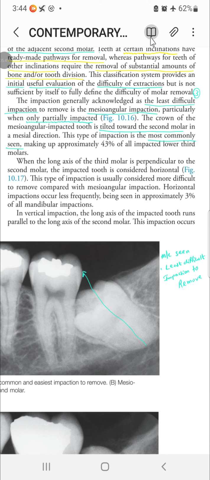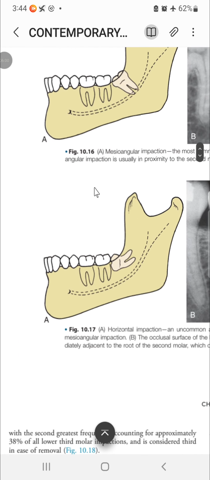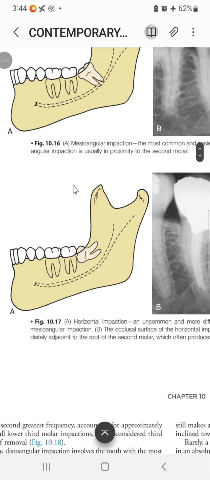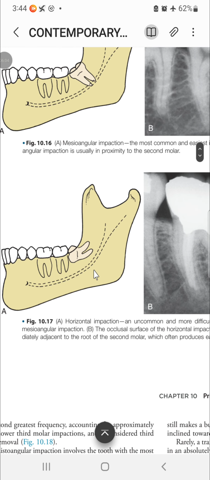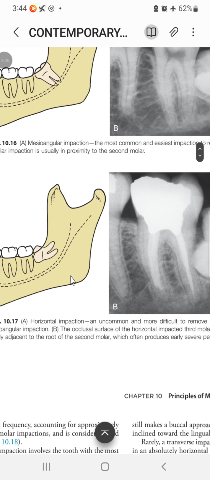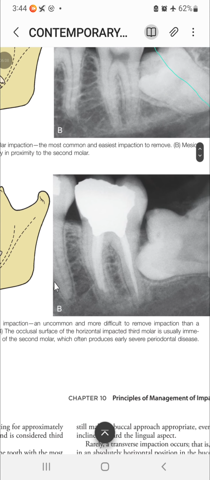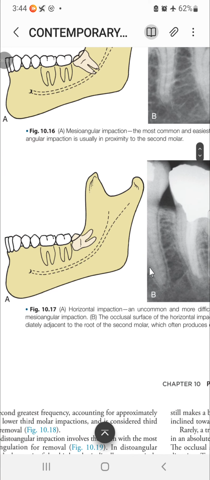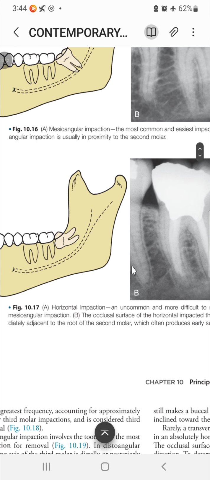When the long axis of the third molar is perpendicular to the second molar, the impacted tooth is considered horizontal. You can see in figure 10.7 the horizontal impaction, which is an uncommon and more difficult to remove impaction than a mesioangular impaction.